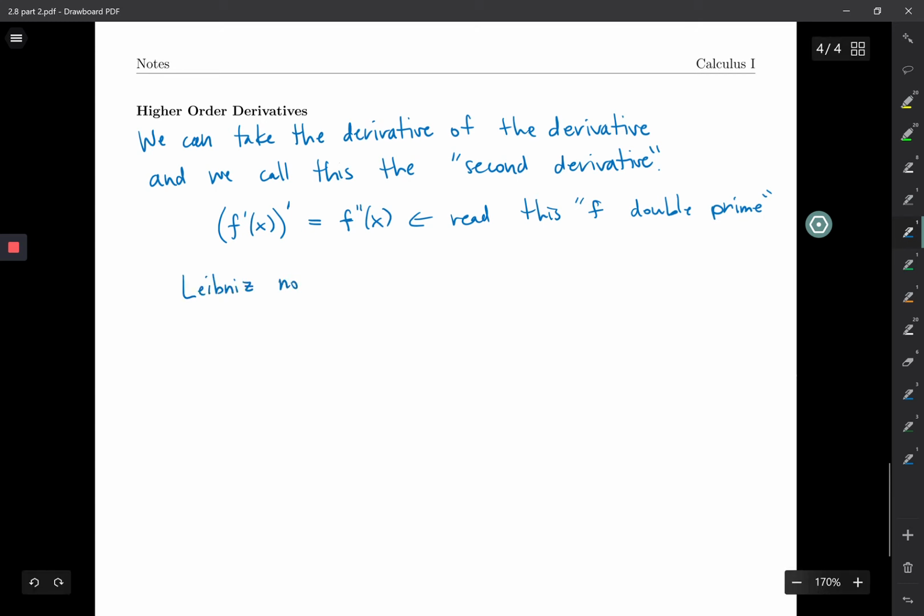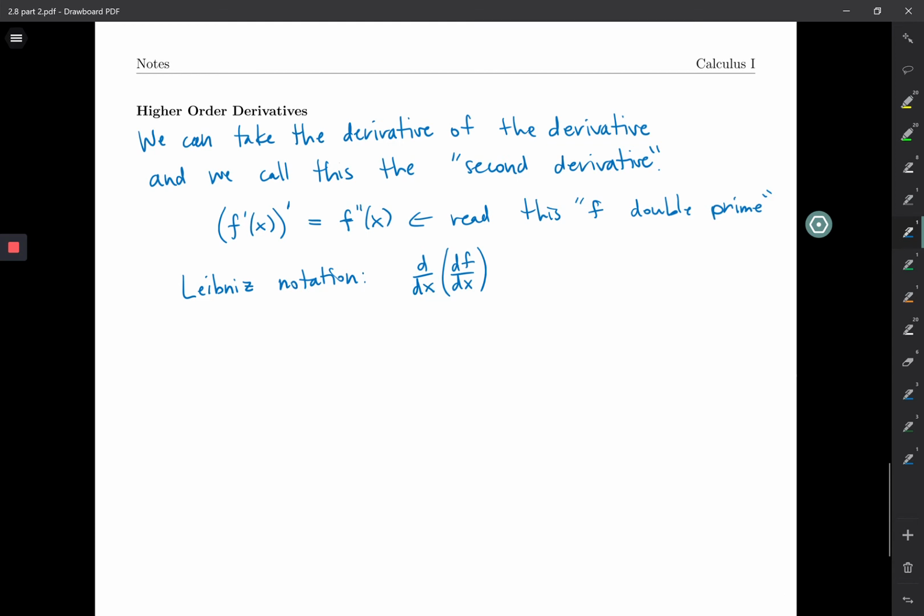And we can also use the Leibniz notation. I know we haven't used this much yet, or maybe not at all, but we will. The Leibniz notation for the second derivative: the notation for the first derivative is df over dx. And then we want to take the derivative of that, and the way we denote that is d over dx.